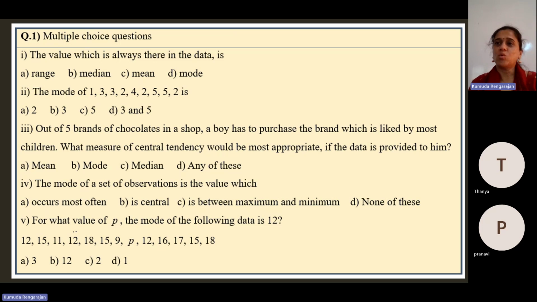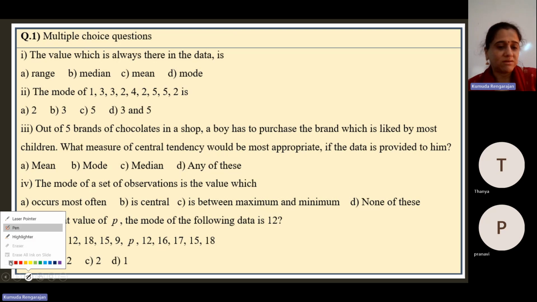Because what is mode? The value that has the highest frequency, or the value of the data that repeats most number of times. So mode will always be a value from the data itself. Mode, okay, now let's take an example.